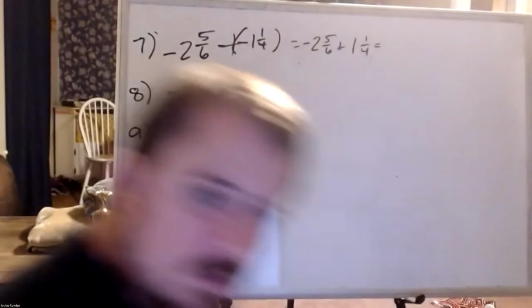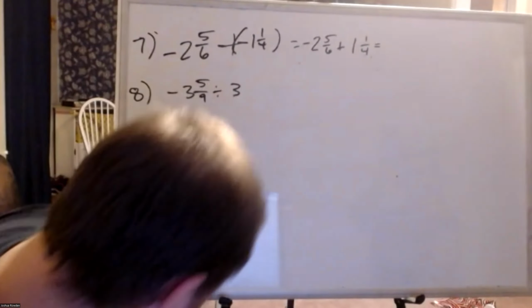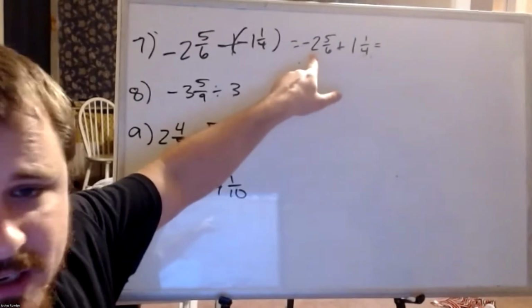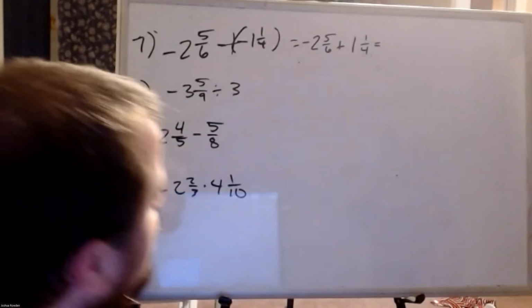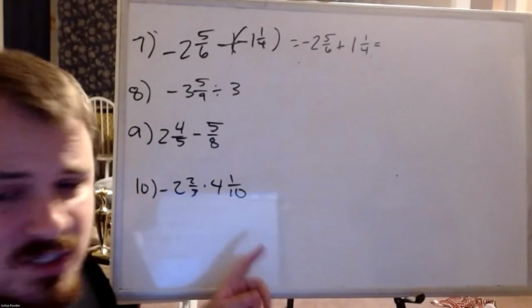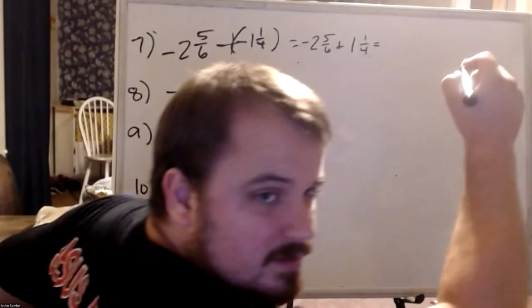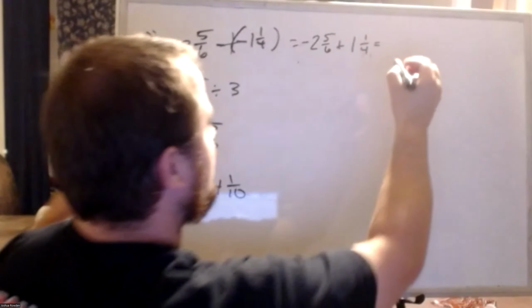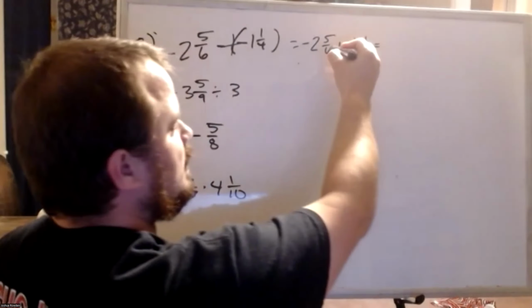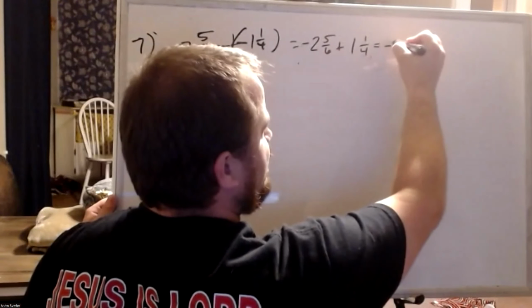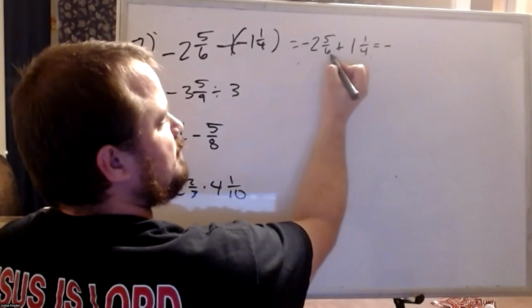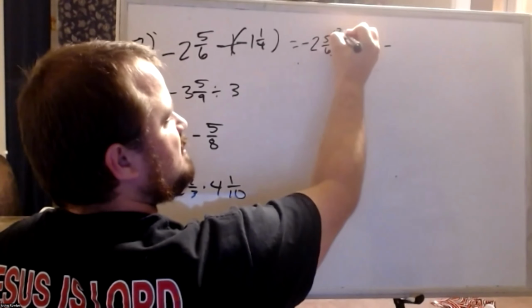Okay. So negative 2 and 5/6. The number that we can have in common with these is 12. I'm trying to find a way to write up here without blocking. So again, let me write it here. We're going to multiply by 2, multiply by 2.